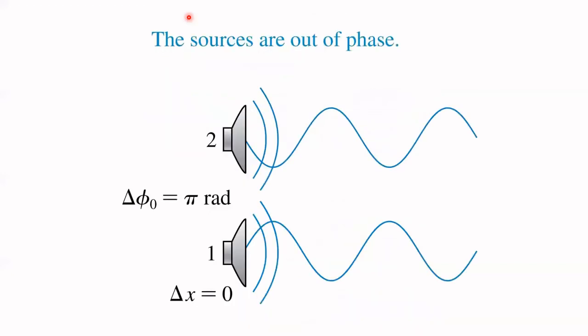What about these two? Well, speaker 2 has just finished emitting a valley, while speaker 1 has just finished emitting a peak. They're obviously not in phase in time. See, right here they're saying the sources are out of phase. To be precise, you would say they're out of phase in time. Overall, they're out of phase as well, but they're in the same position.